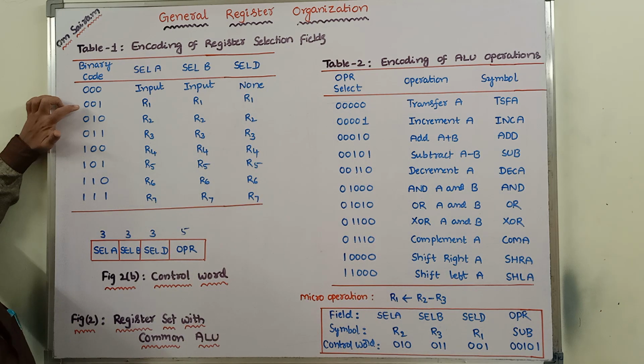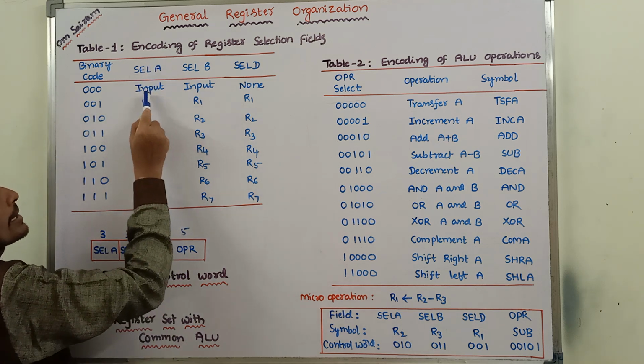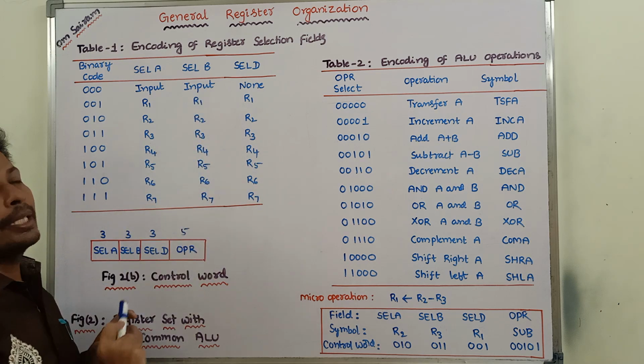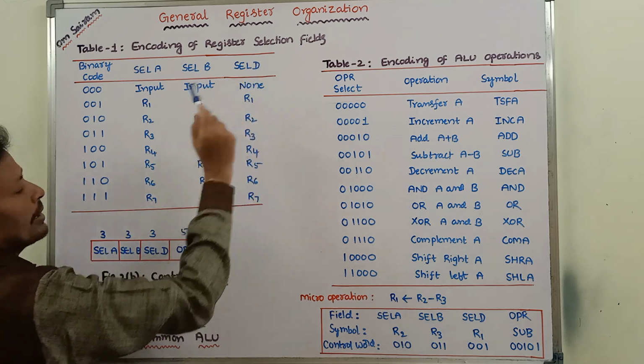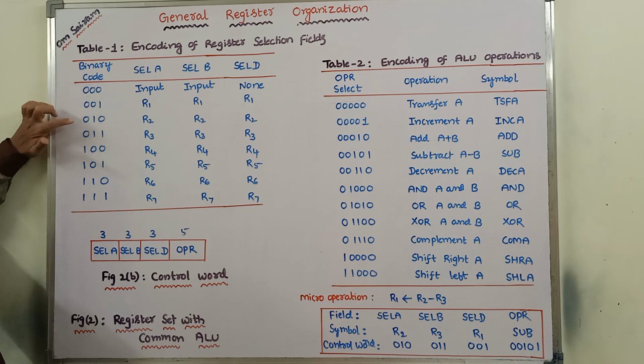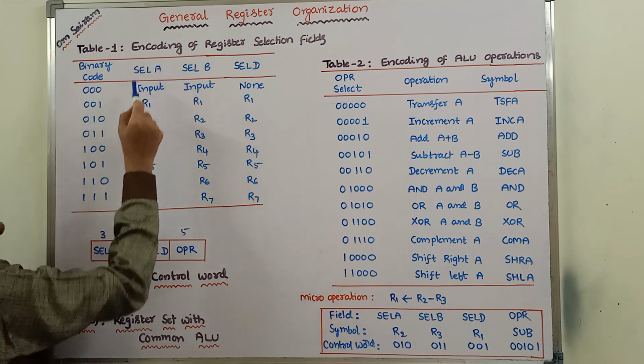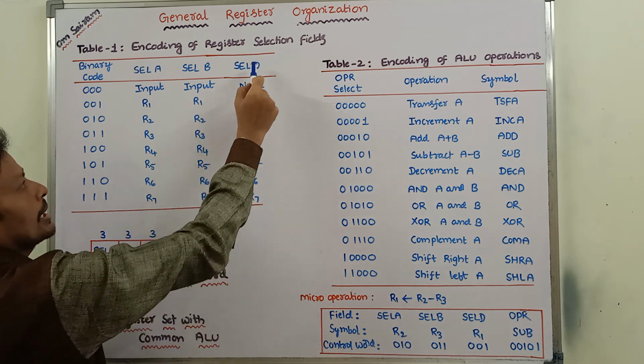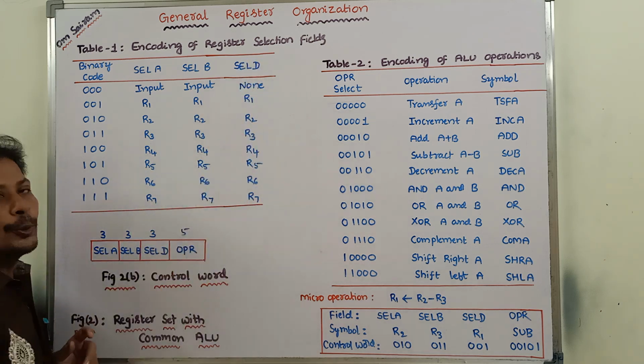Next one, binary code is 001. The equivalent decimal value is 1, so SEL A selects the R1 register, SEL B selects the R1 register, SEL D selects the R1 register. Next, binary code is 010. The equivalent decimal value is 2, so SEL A selects the R2 register, SEL B selects the R2 register, SEL D selects the R2 register.